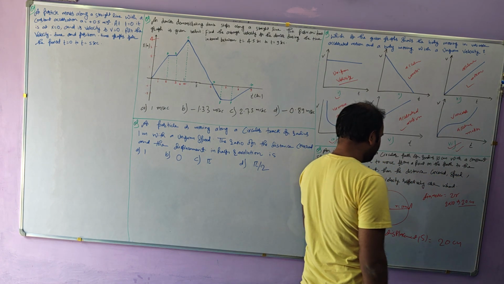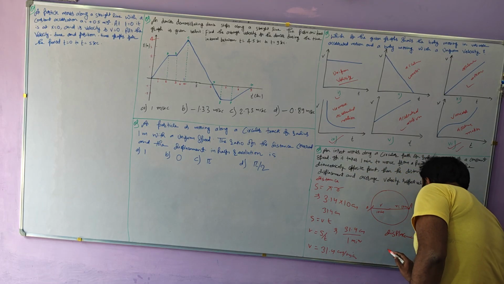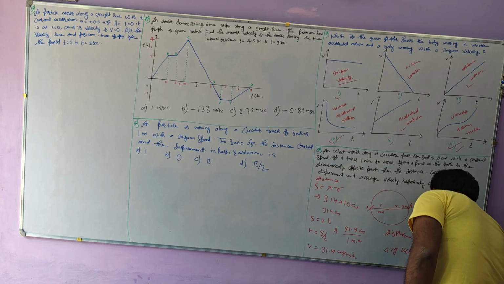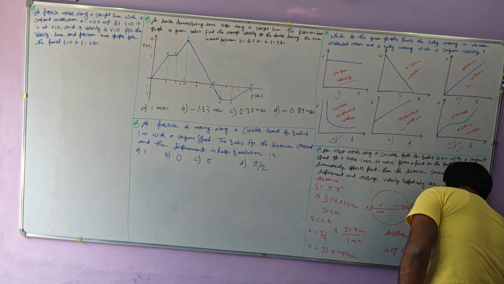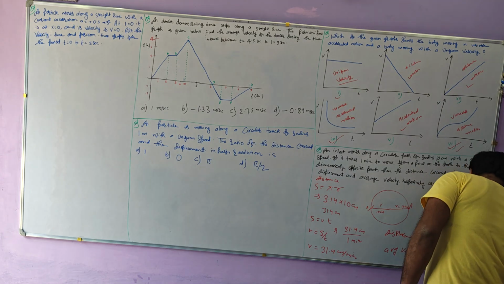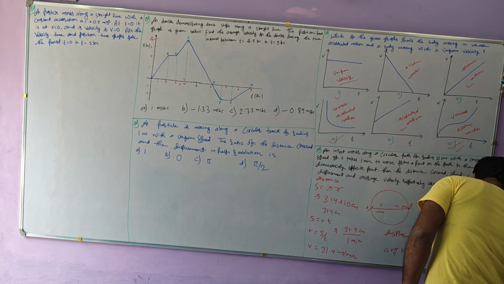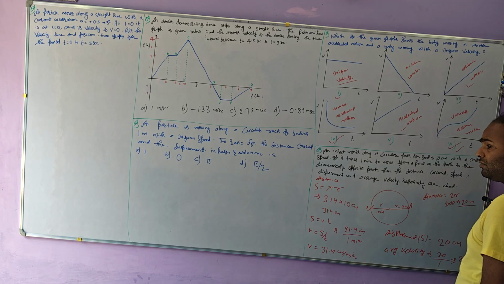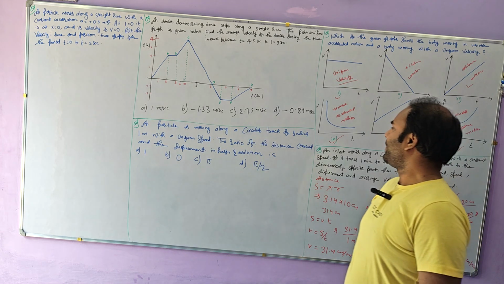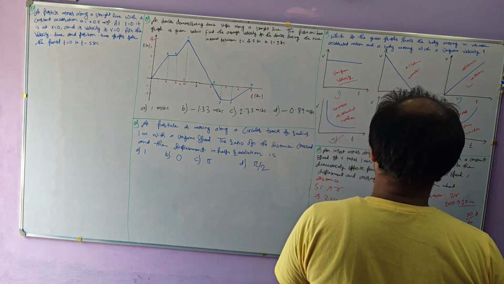So average velocity is equal to 20 upon 1 minute, that is 20 centimeter per minute. Otherwise we can convert it, 20 upon 60 second, and whatever value we get, 0.33 something in centimeter per second.